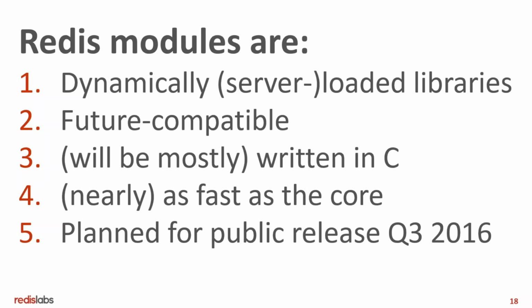Modules are and will be mostly written in C or C++, the language in which Redis is written, but you can basically use anything that has C bindings to Redis module.